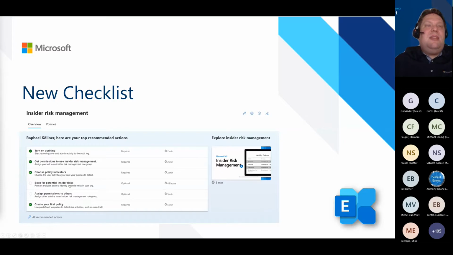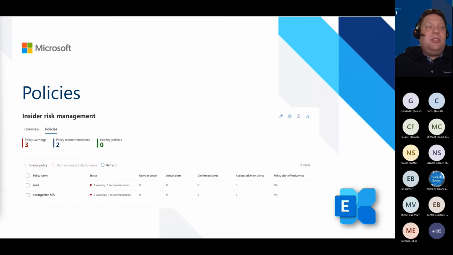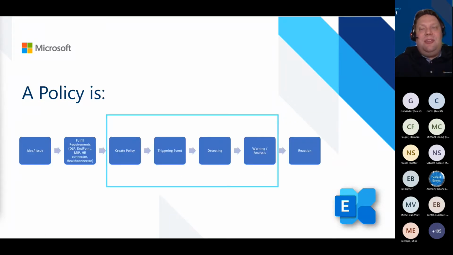This is a general scan and needs 48 hours. We will have a look at my demo tenant a little bit later to see what happened. Then create your policies, your insider risk policy focused on Exchange, on mail, for example. You create one, and this is the same as how you created it for communication compliance.